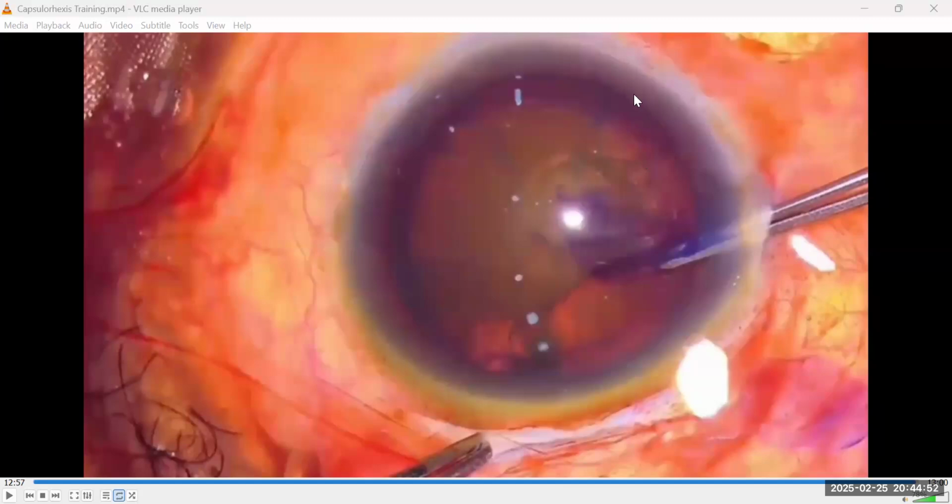If I have a larger area of calcification, I'll use my keratome and make a 4-position entry, 12, 6, 3, 9 o'clock positions, and use scissors and go around through those paracentesis I made, and then have my rhexis.